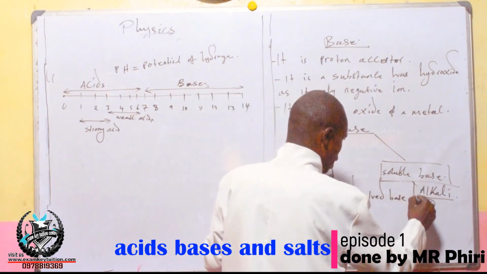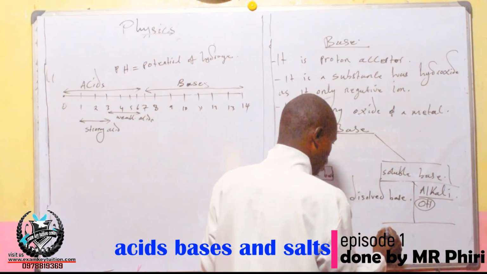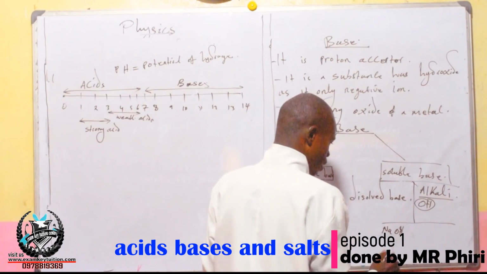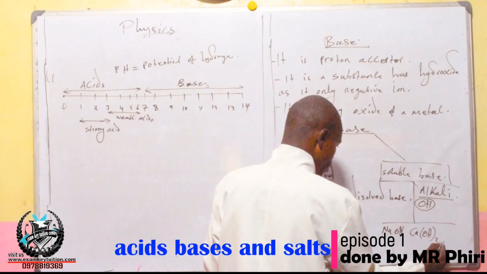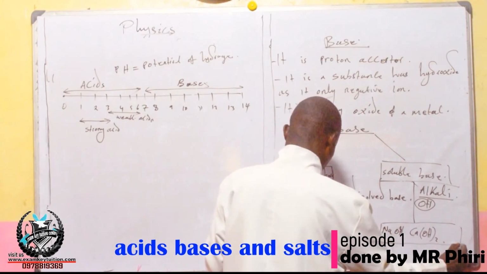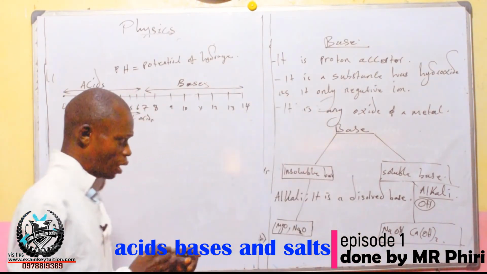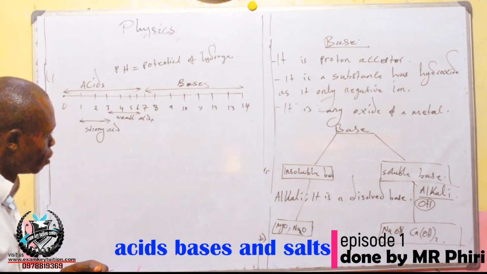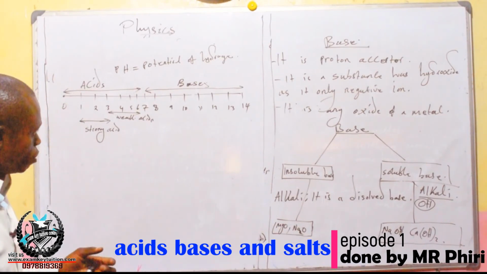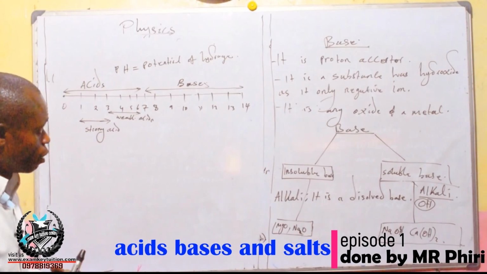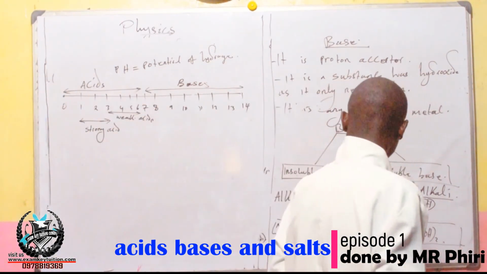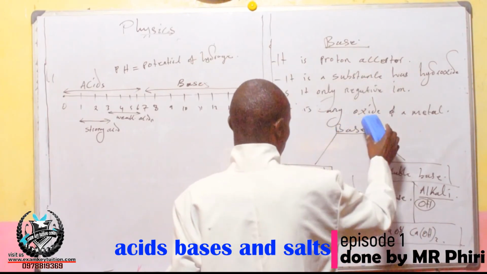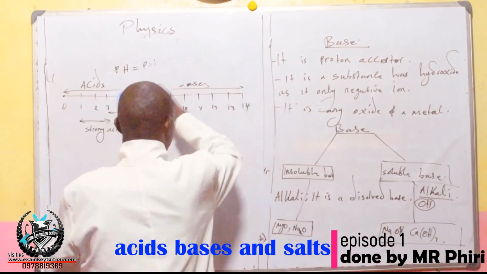But when you talk about sodium hydroxide, calcium hydroxide, these are some of the examples of what we call an alkali, or soluble base.